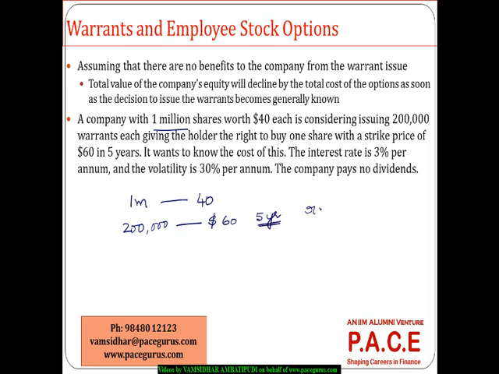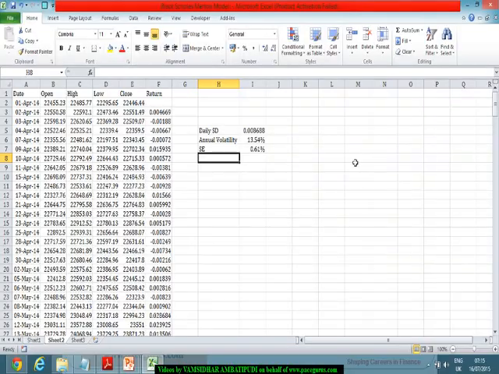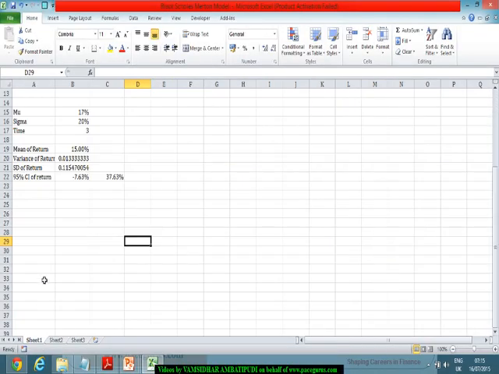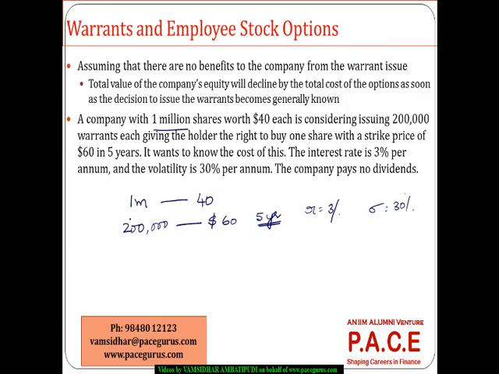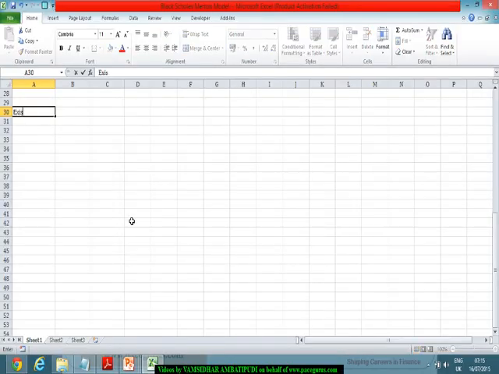The risk-free rate of interest is 3% and the volatility is 30%. So let me look at the numbers. Right, existing number of shares is around 1 million. Warrants planned to be issued, 200,000.